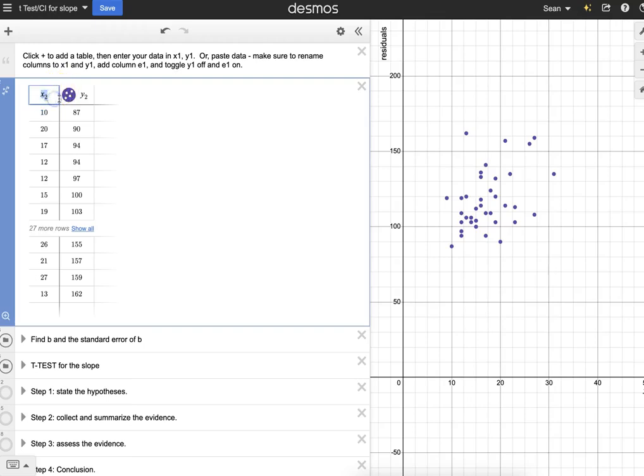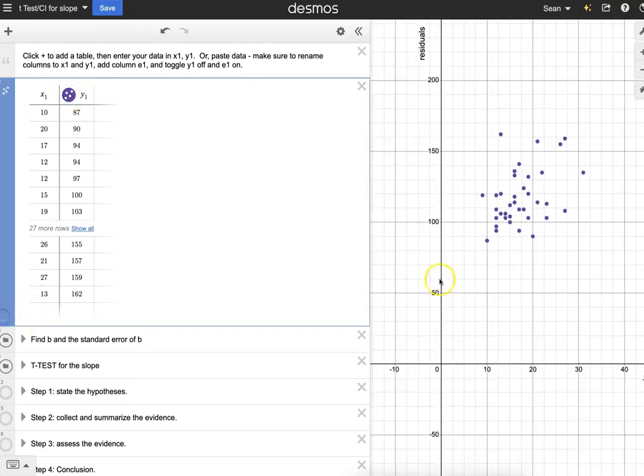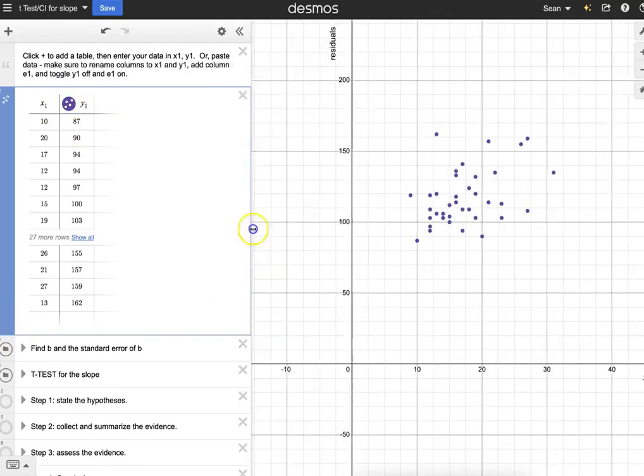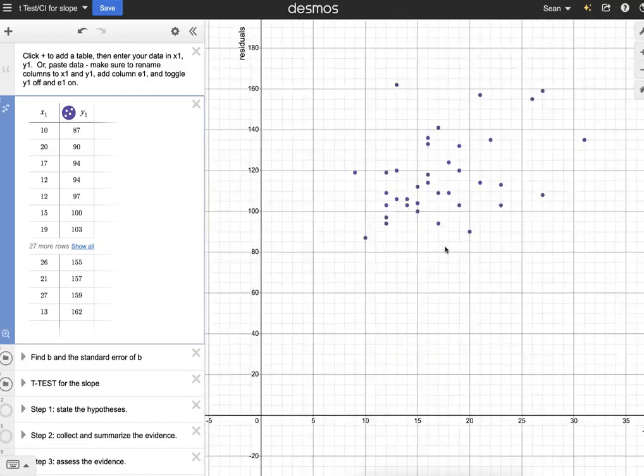For this calculator to work, we would need to change the headers to x sub 1 and y sub 1. In the process, we might end up with x sub 2, y sub 2, x sub 3, y sub 3, but the calculator would format it so that we would need to have x sub 1 and y sub 1. The scatter plot is automatically provided to us.